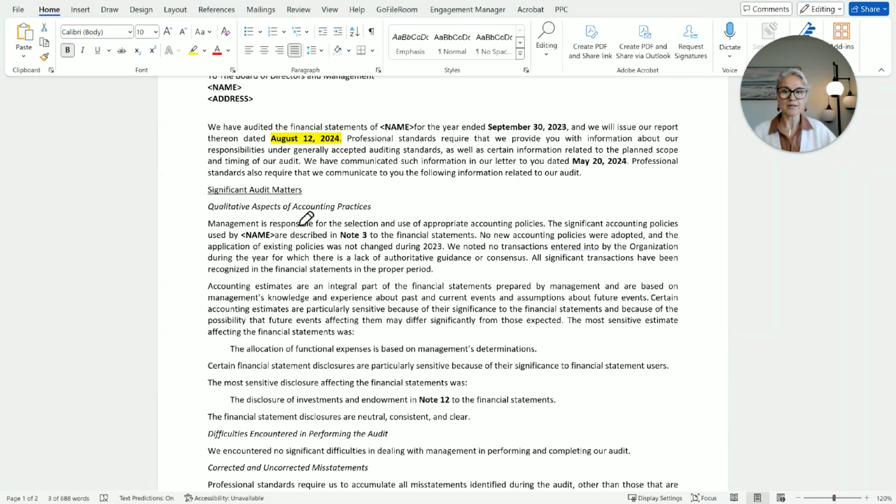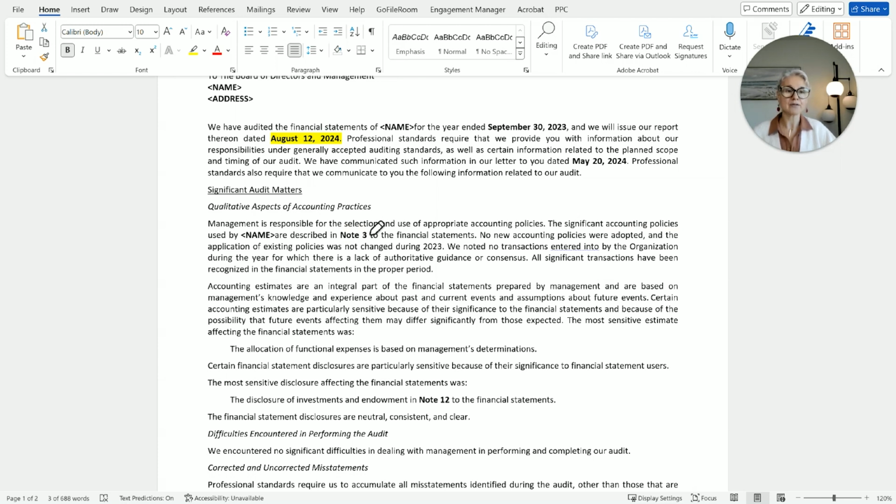We're communicating that, just to remember, management is responsible for using appropriate accounting policies, not auditors. It's a management responsibility. And we, as the auditor, presented the significant accounting policies in footnote number 3 to the audit report. Why? Because the board needs to know what accounting policies are used by the organization.